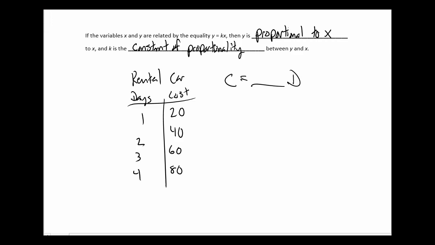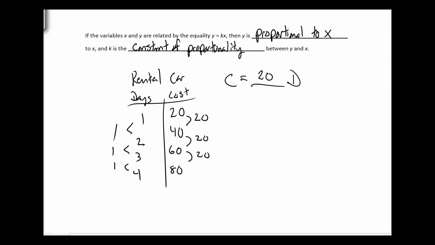Okay, so what do we notice? We notice that as I increase 1 day at a time, my cost goes up by $20. So if you tell me how many days, I'm going to multiply that by 20 and that'll give me the cost.